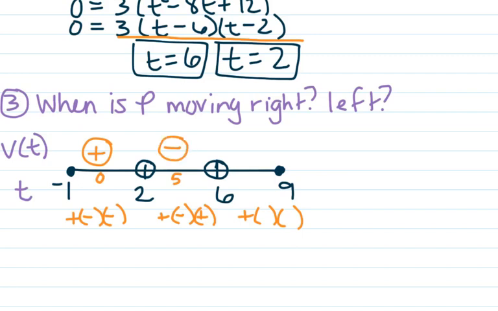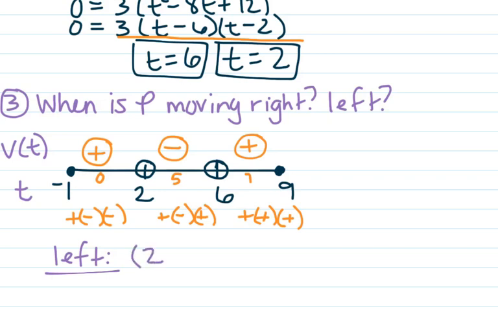Okay, then we come to the last one, something between 6 and 9. I'll go with 7. Doesn't really matter. 7 minus 6 is positive, and 7 minus 2 is positive. So everything's positive in this last one, which means that the velocity is positive in that interval. So we can say with confidence that our particle is moving left in this middle section, where the velocity was negative, and those would both have open intervals.